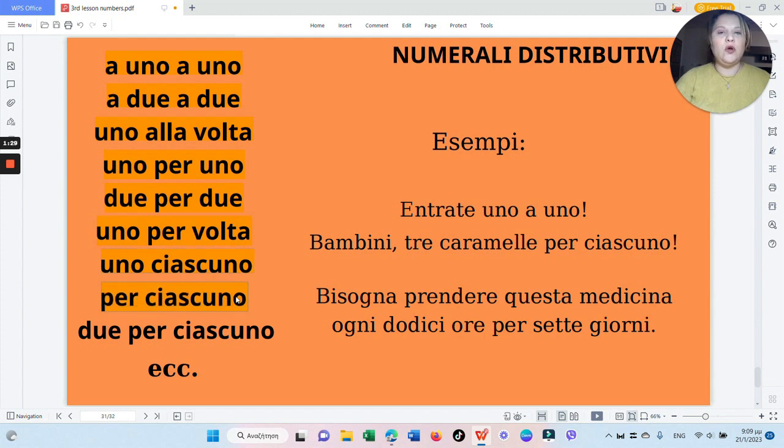Per ciascuno. Each one. 2 per ciascuno. 2 for each one, etc.